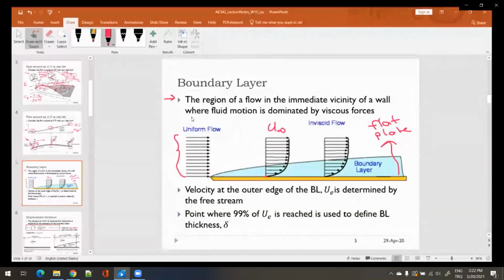Let's say this is u infinity here. There will be a distribution within this region. So this region is called boundary layer, as marked by this bluish region here in this sketch.